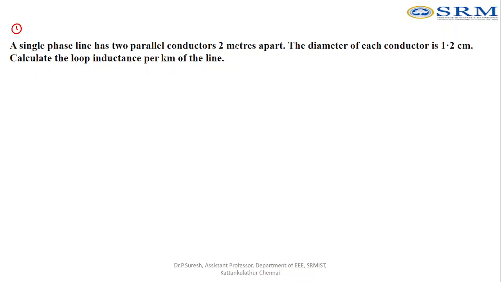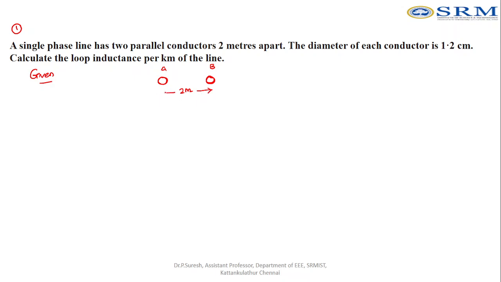So what are the data given to you? A single phase line has two parallel conductors, A and B. The distance between the two conductors is 2 meters, from center to center.